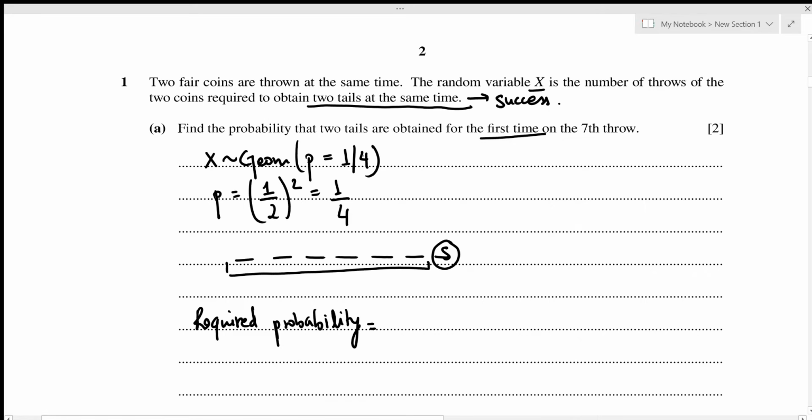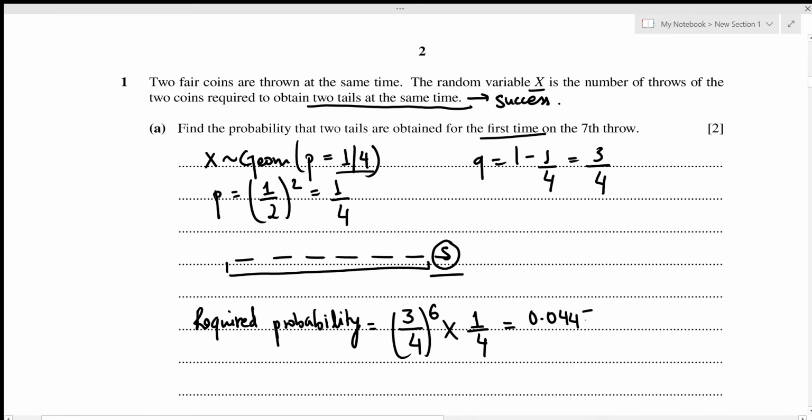Since we know that the probability of success is 1 by 4, the probability of failure is just going to be 1 minus 1 by 4, which will be 3 by 4. And that's going to be the failure for 6 times. So that's just 3 by 4 to the power 6. But we also have a success at the 7th throw, so that's going to be the probability of success, which is 1 by 4. This gives us the total probability of 0.0445. That's the answer.